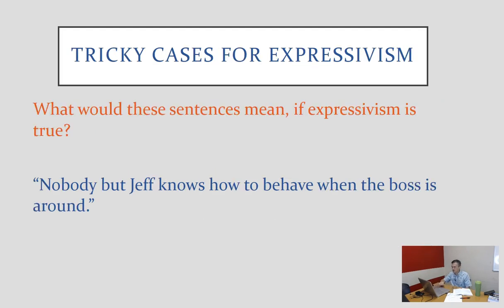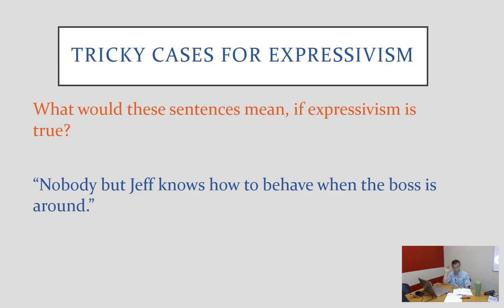It's a short section. So here is the fun part, and this is the last section in the chapter, the tricky cases for expressivism. And what the expressivist is up against here is the paraphrase problem. Some moral judgments, sure, it's easy to figure out how you translate those into expressions of personal taste or feelings or wishes or commands.